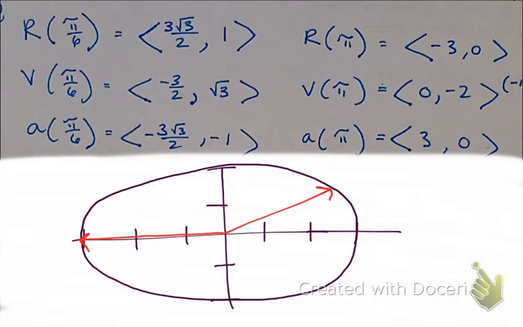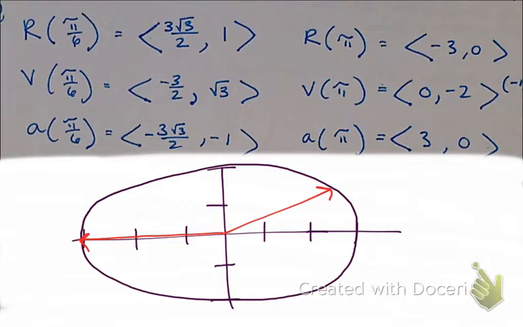In blue, this is the velocity vector for pi over 6. It goes kind of like this. I'm not going to be perfect because I don't have exact measurements on here, but essentially in the horizontal direction you go negative 3 pi over 2, and in the vertical direction you go up root 3.